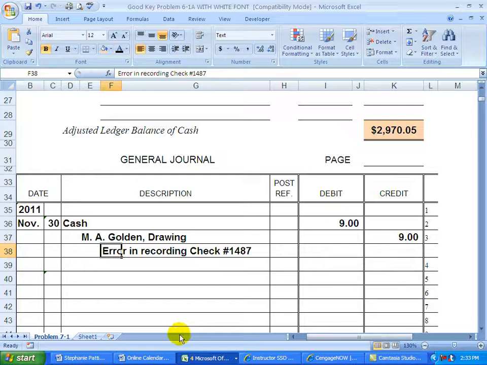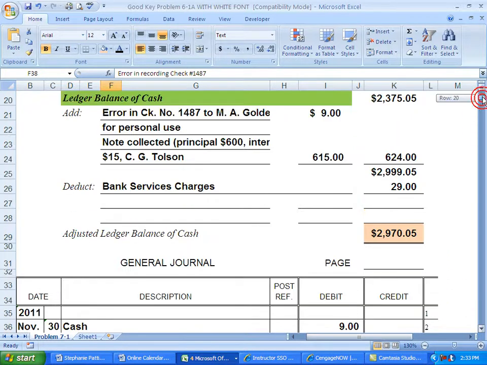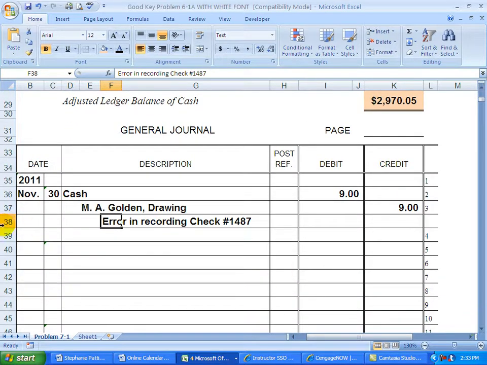Okay? Then we have to talk about that $615 up here because that's making our cash account get bigger by $615. So we're going to skip a line, put in the 30th.